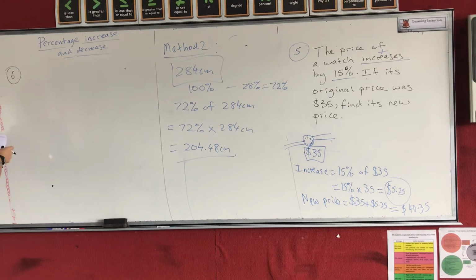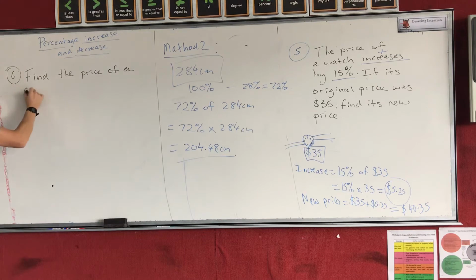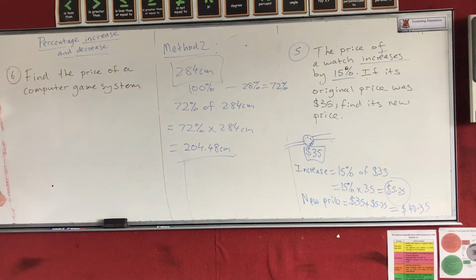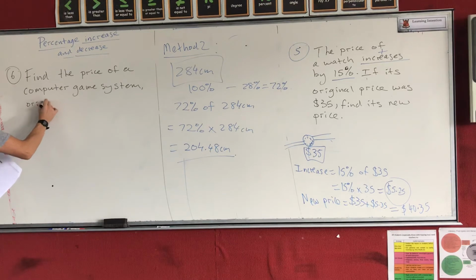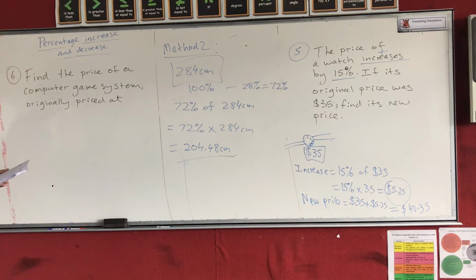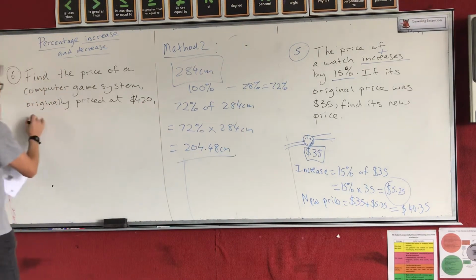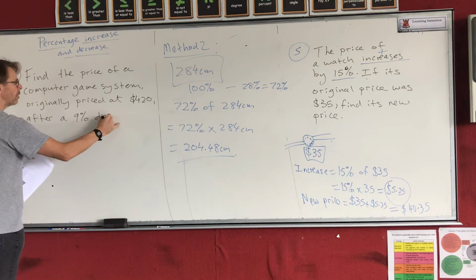It says, find the price of a computer game system, maybe like the Xbox or PlayStation, originally at $420 after a 9% discount.